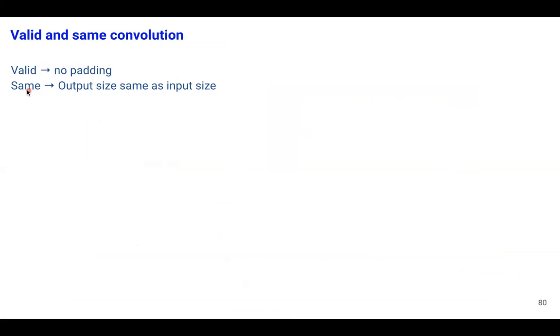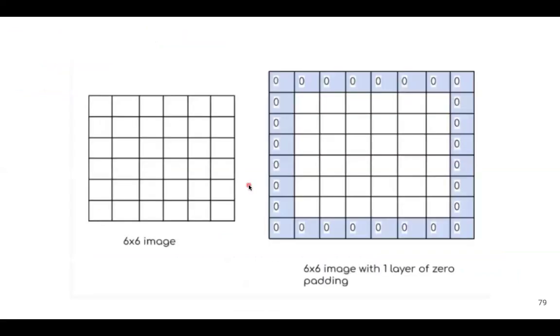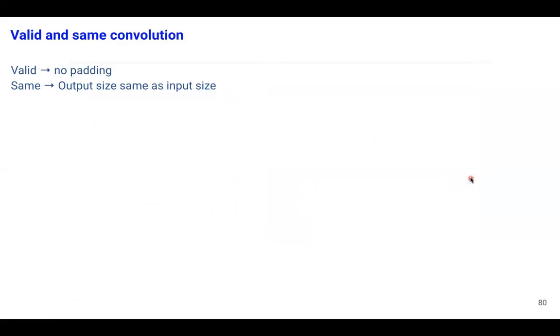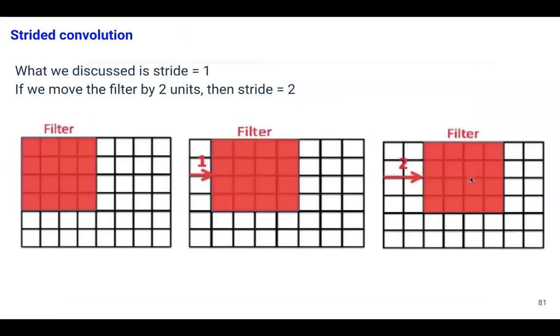Another option is same convolution, which means you apply padding to get back an output which is the same size as your input. So if you have a 6x6 image, you can use one layer of padding, and then if you have a 3x3 filter, you will get back the 6x6 output again. This is the concept of same convolution.